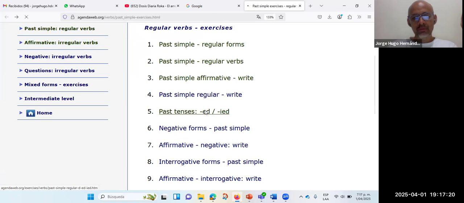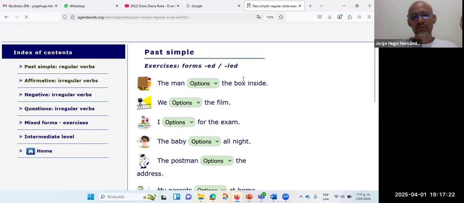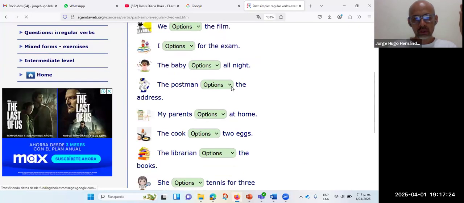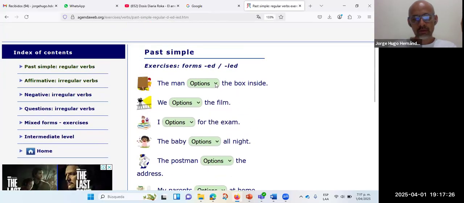Now, taking into account that explanation, we are going to do not all of these, but three or four exercises like this. Here we have two options. Carry is the same verb, but there is one little difference: the letter I or Y. So option A and option B. What is the correct one? A or B?